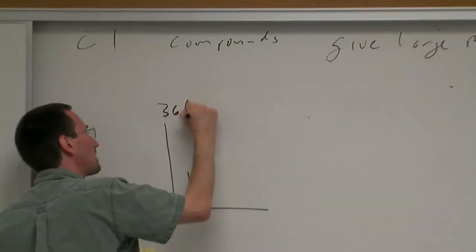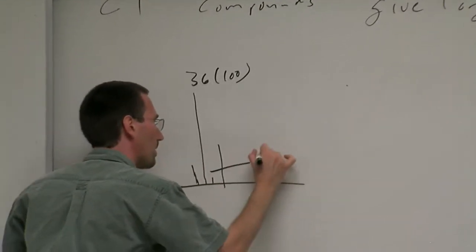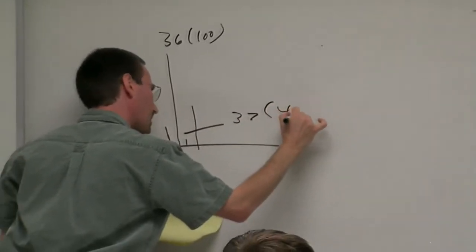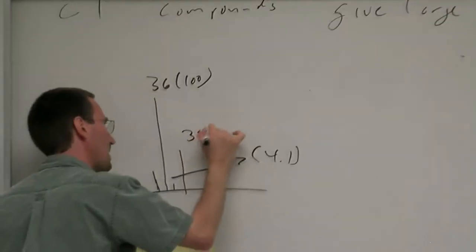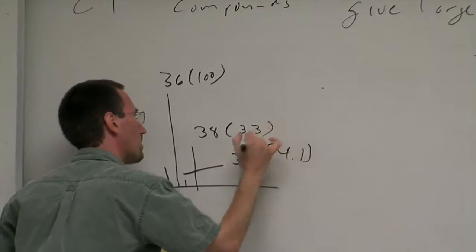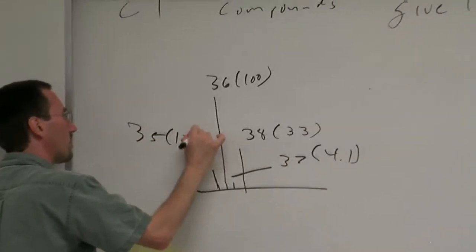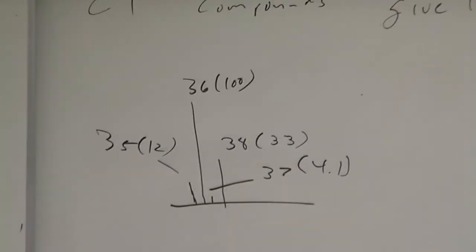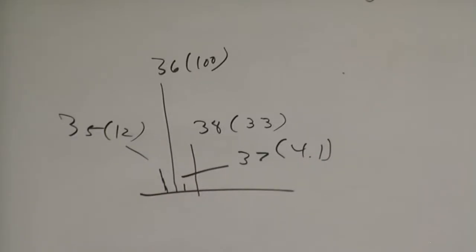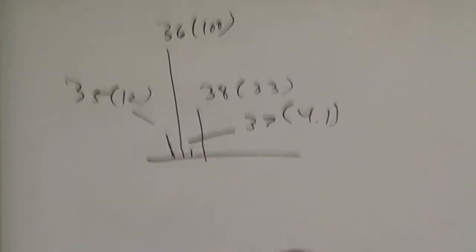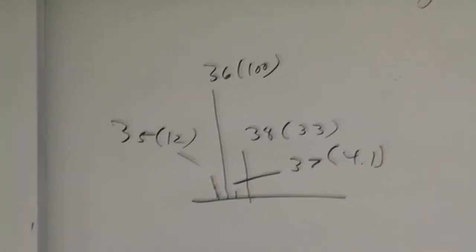So 36 with 100, 37 with 4.1, 38 with 33, and 35 with 12 as the relative intensities. Yeah, who am I, right? This is the game, who am I?